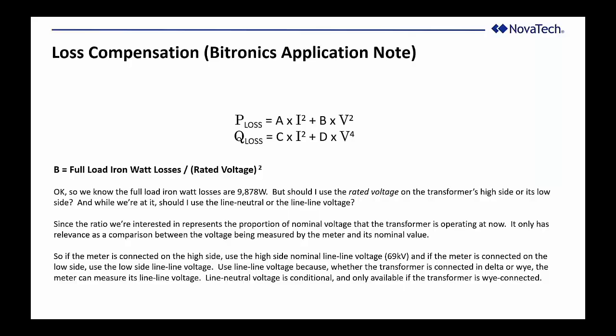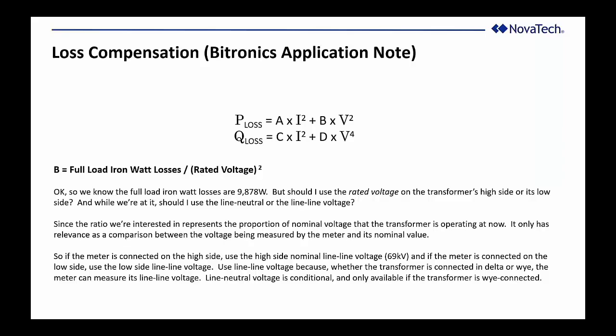So what the meter typically does is compare the measured phase-to-phase voltage with the rated phase-to-phase voltage. So when I calculate my B coefficient and my D coefficient, what I really want to use is the voltage on the same side of the transformer that the meter is mounted on, and I want to use the phase-to-phase voltage to make those calculations.